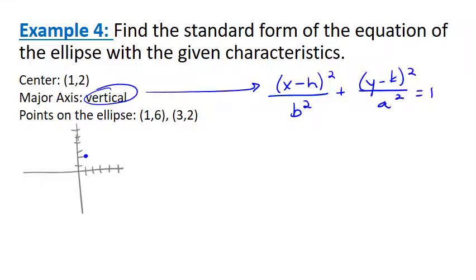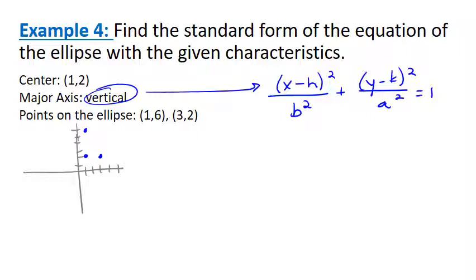Okay, so now we will know a little bit more. So we know the center, and then it tells us that these points are on the ellipse. So it says 1, 6 and 3, 2, which is here.